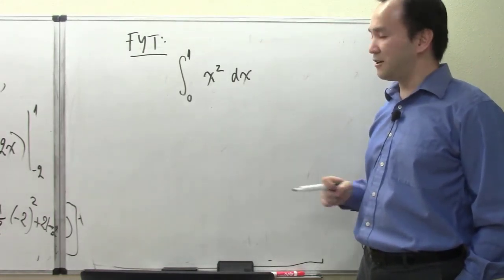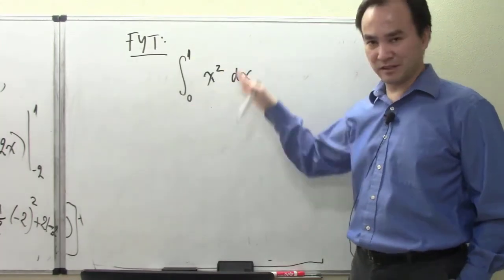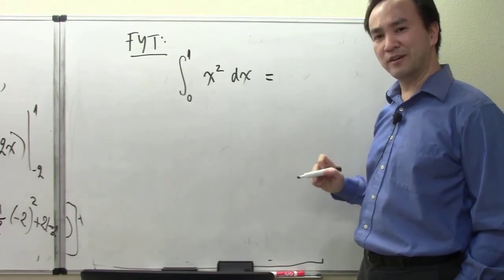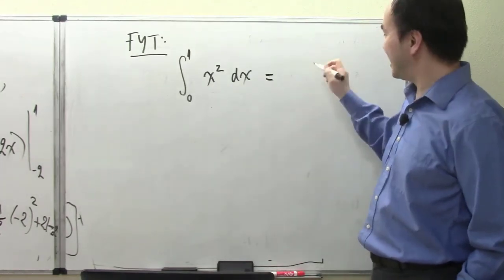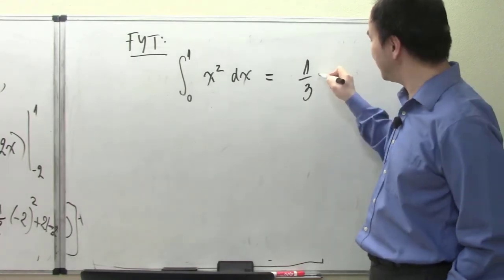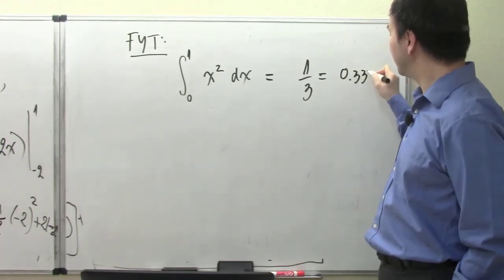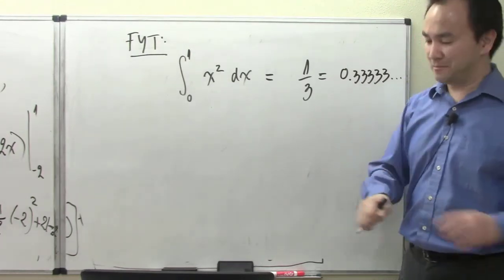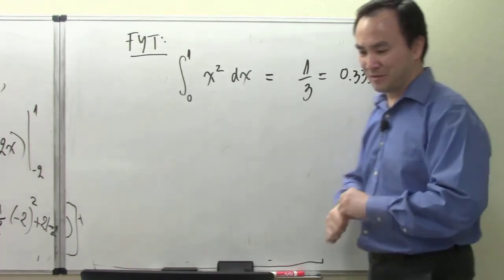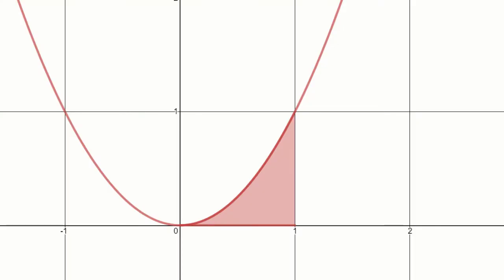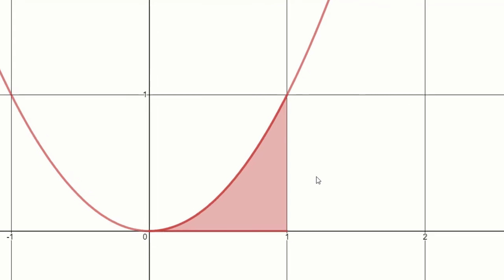All right, so now, assuming you already had some work here, I'm just going to tell you the answer without any steps. The answer here is 1/3, or in decimal, 0.3333. So what is the meaning of this? This picture looks so familiar.